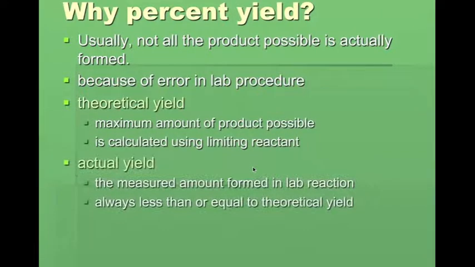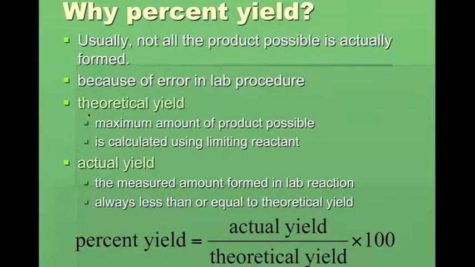Now, to calculate percent yield, we need two things. We need our theoretical yield, which is the maximum amount of product possible. We find the theoretical yield by calculating it from the limiting reactant.